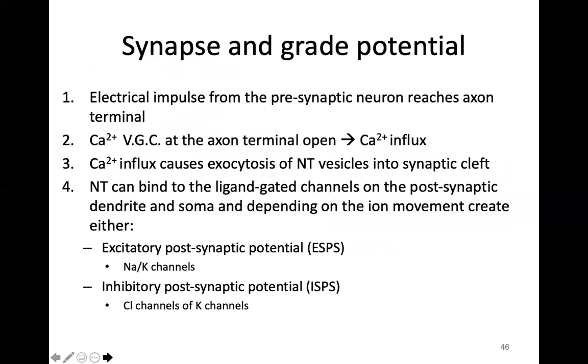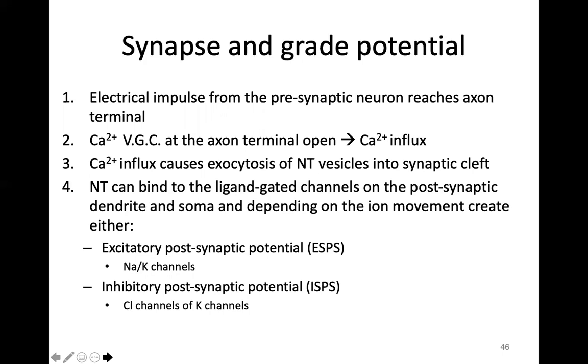So electrical impulses, again, as I just described, cause the presynaptic neuron to open up its calcium voltage-gated channels. Influx of that calcium causes the neurotransmitter to be exocytosed from its vesicles into the synaptic cleft. And at that point, the neurotransmitter can cause two scenarios: what we have described as a depolarization effect or what we have described as a hyperpolarization effect.